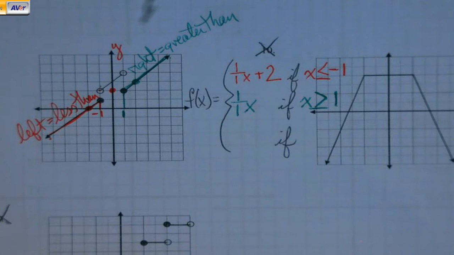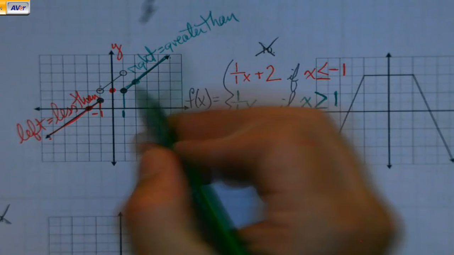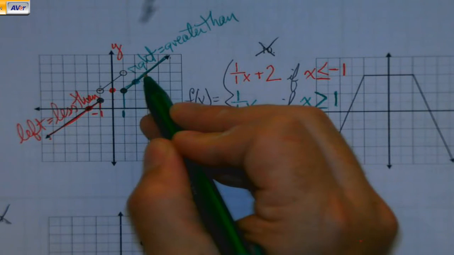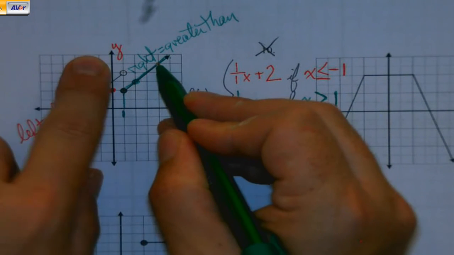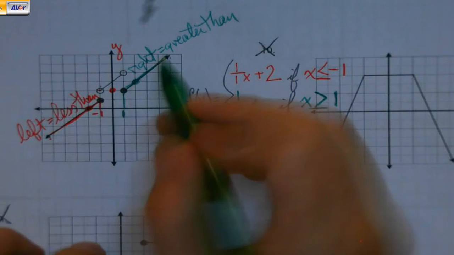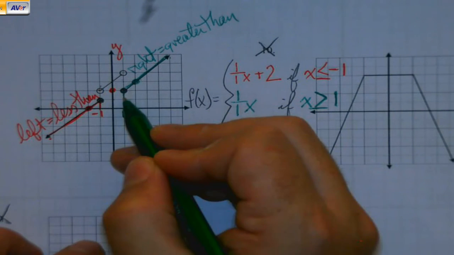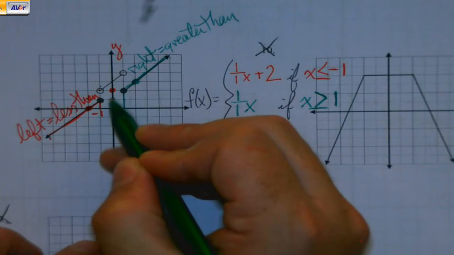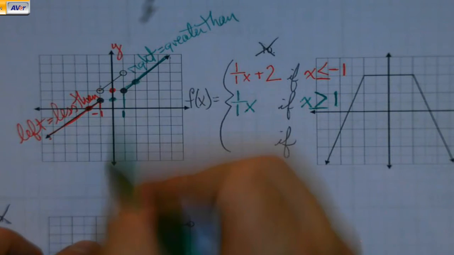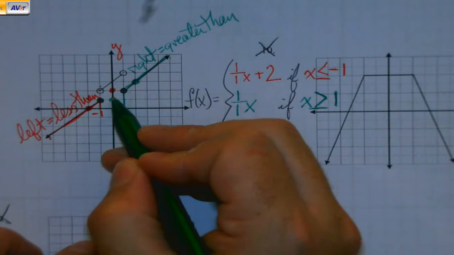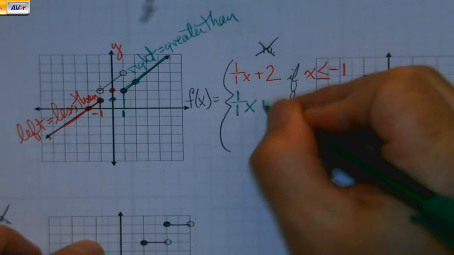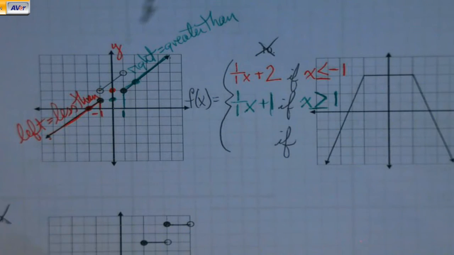Now this time I got to do something a little different, because if I keep going up 1 and right 1, I'm getting further and further away from the y-axis. That's not helping me. So instead of up and right, I'm going to do the double opposite. I'm going to go down and left. Now I'm on the y-axis, and I had to go up 1 to get there. Again, baby steps I'm finding these.